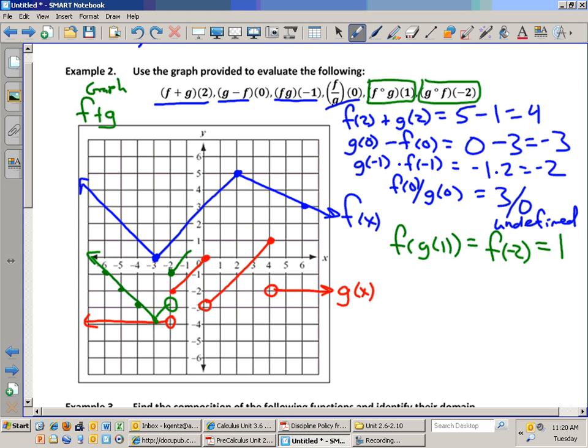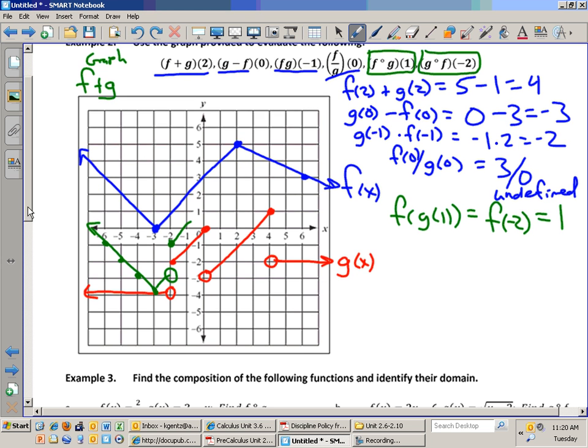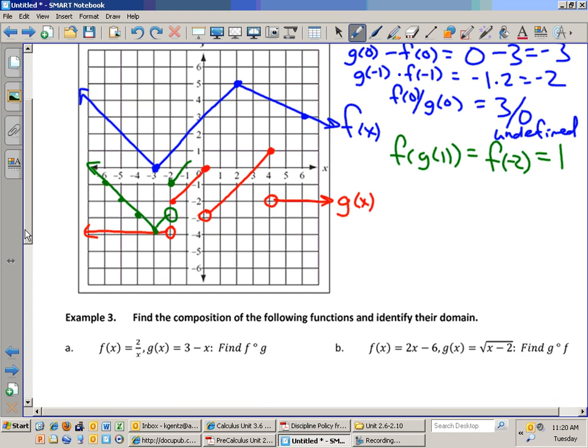See if you can try g of f of negative 2. Whoop, sorry.